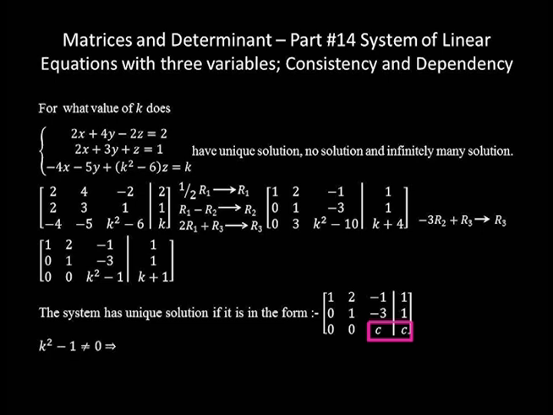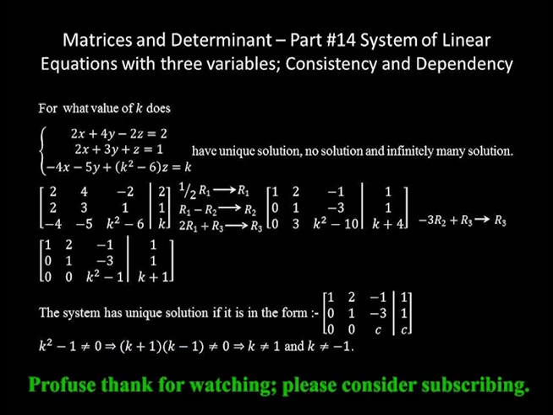This implies, by factoring, k square minus 1 means k plus 1 times k minus 1. That should be different from 0. This multiplication is not equal to 0 only when k is not equal to 1 and k is not equal to negative 1. To generalize, for any value of k other than negative 1 and positive 1, the system of equations has a unique solution.